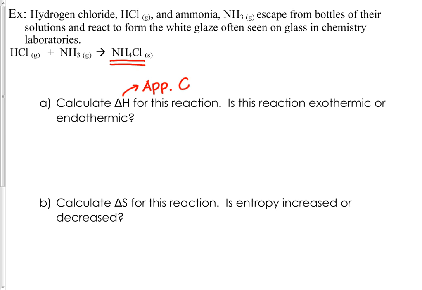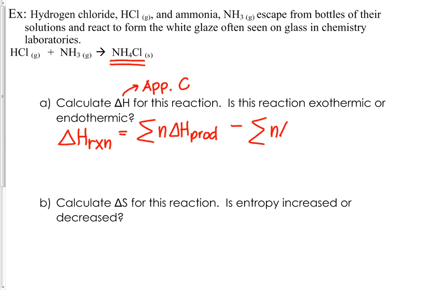But you want to remember that delta H of any reaction is always equal to the sum of all the delta H's of the products minus the sum of all the delta H's of the reactants. So in this reaction, we're going to look up ammonium chloride's delta H value.